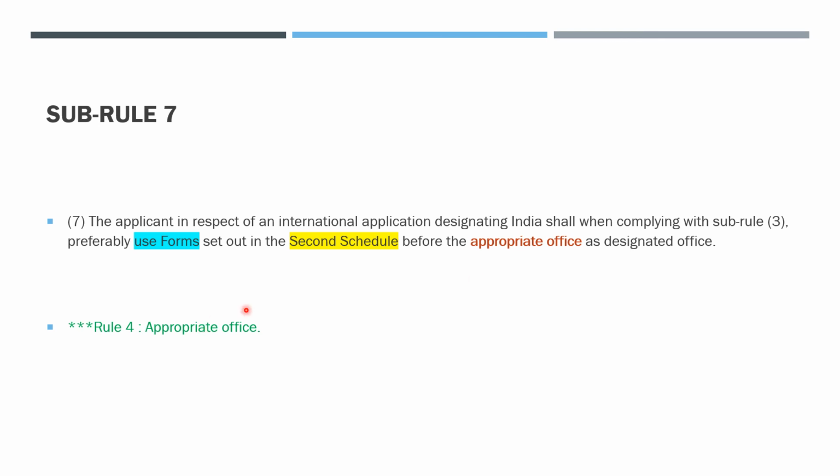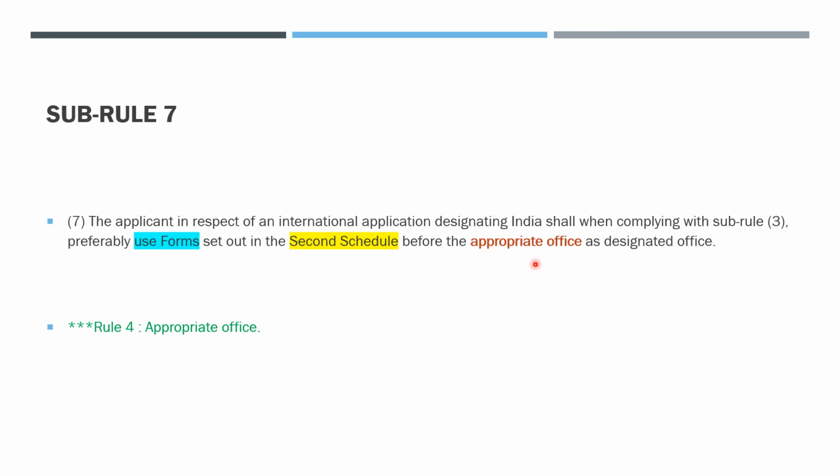So what does sub-rule 7 say? It says that the applicant in respect of an international application designating India, when complying with sub-rule 3, preferably uses forms set out in the second schedule. Okay, for the second schedule you can refer to the Rules.